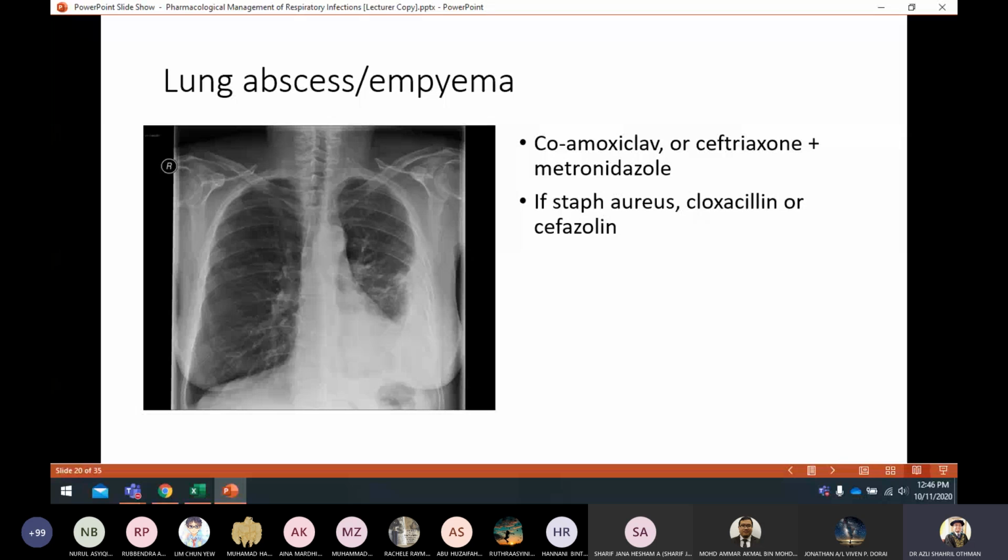Both are cell wall synthesis inhibitors. Cefazolin is a cephalosporin. Alright, so that's that.